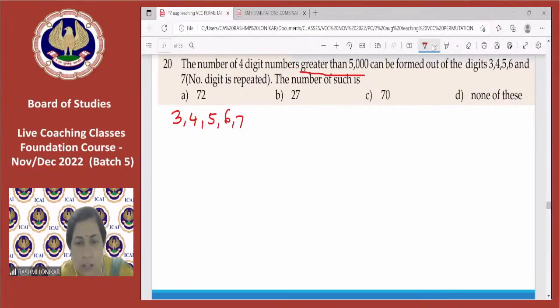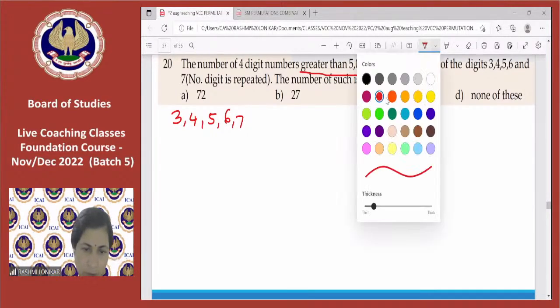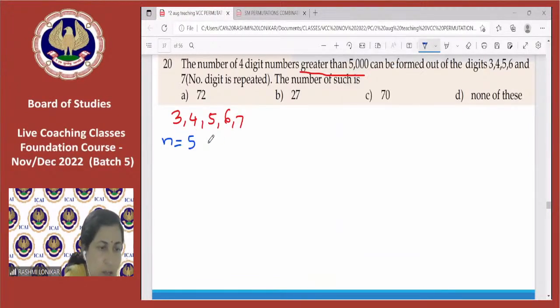So you should be careful and pay attention to what information is given. Now, how many digits do I have? 1, 2, 3, 4, 5. Normally, what would have happened? Here n is how much? 5. r is how much? 4. Why 4? Because I want to form a 4-digit number.